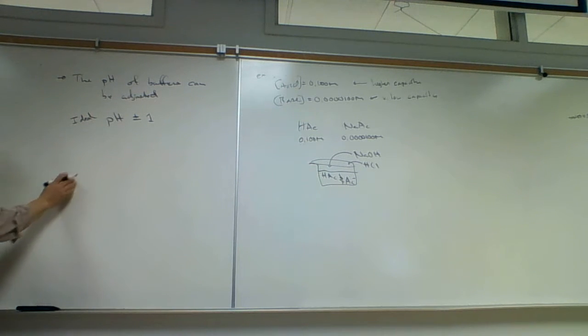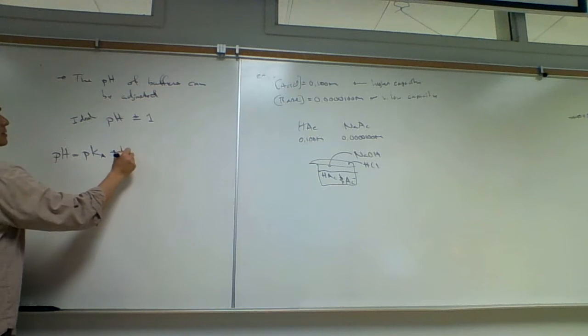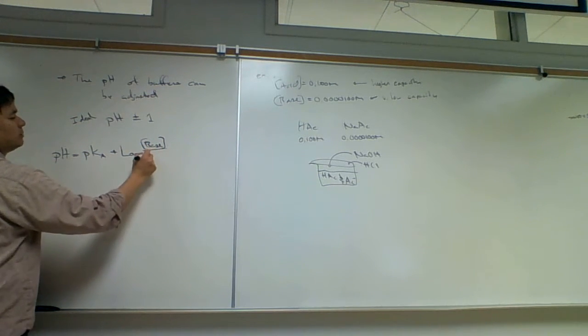The reason for this is because we don't want a lopsided buffer. And so, if we recall, the pH of a Henderson-Hasselbalch buffer is equal to the pKa plus the log of the base to acid ratio.